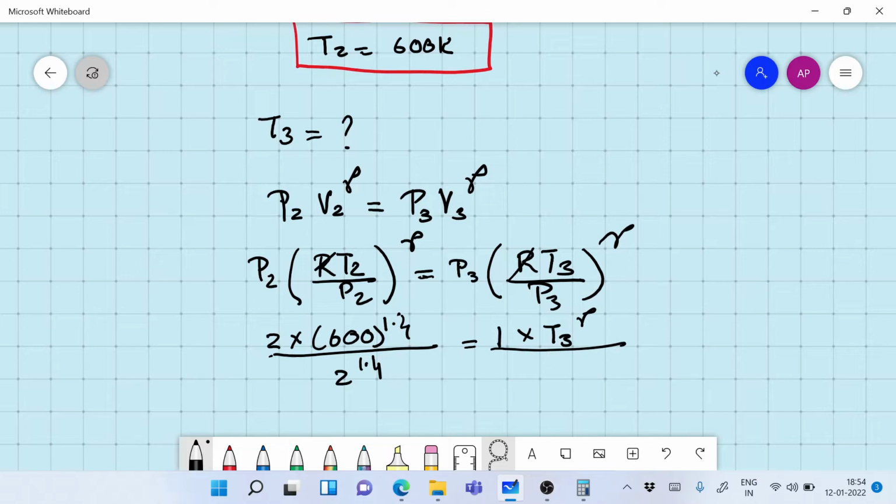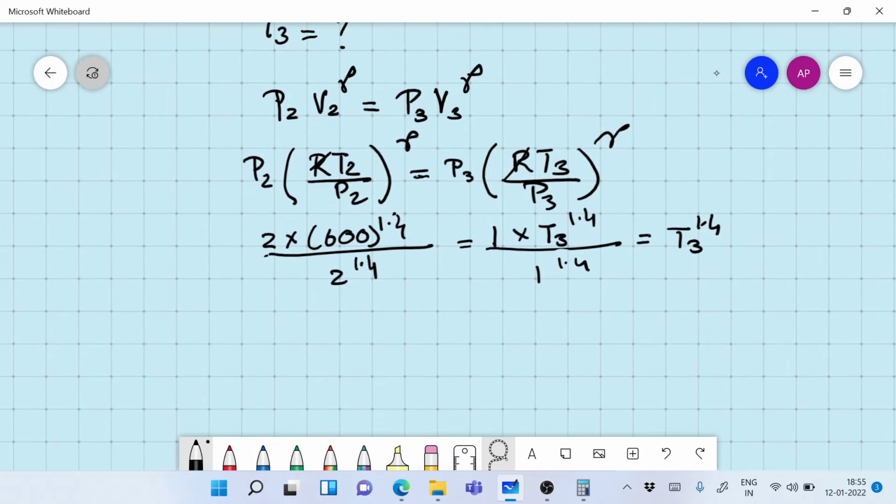It's raised to gamma and this is 1 raised to gamma, which is nothing but 1.4. So we write the value of gamma here, 1.4, and we get T3 raised to 1.4.